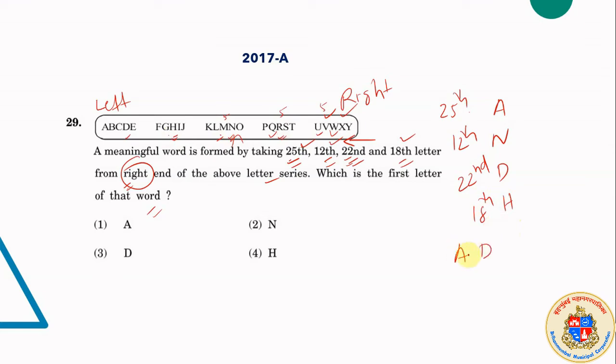A, D, कोई भी order पे, N, H. These are the 4 letters. The question is, it can make a meaningful word, and of that meaningful word, what is the first letter?